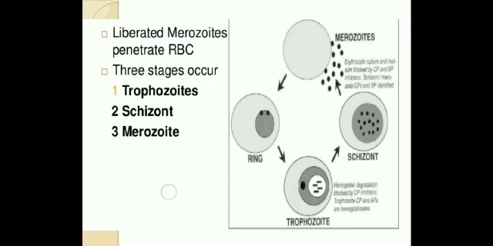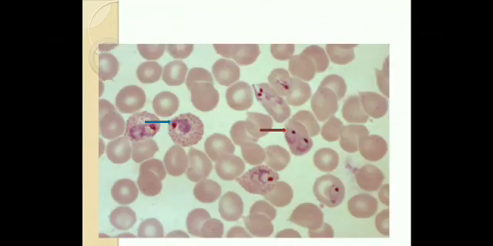This is the peripheral smear. As we have already discussed, it is a hemoparasite, and we are seeing the peripheral smear of the patient. These are the normal RBCs. Okay, so what about these? What are these structures?